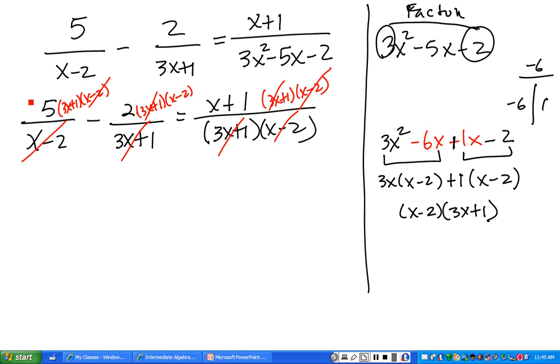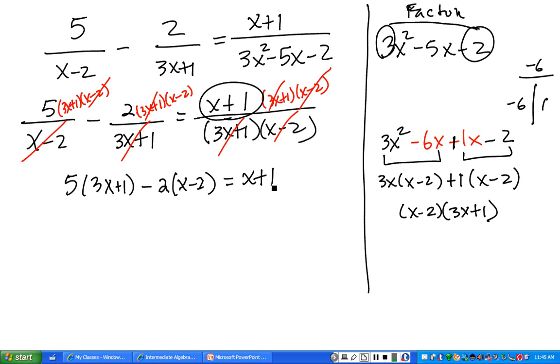Now, we have 5 times 3x plus 1 left. So let me rewrite that. Then we have a minus 2 times x minus 2 left. And on the right side, we just have this x plus 1 left because the LCD and the denominators completely canceled out. So now let's multiply.